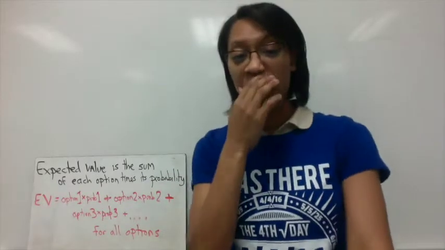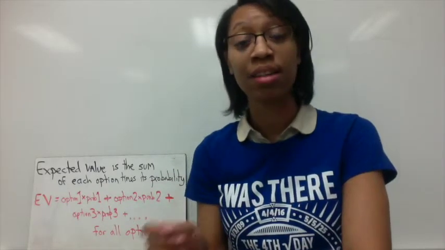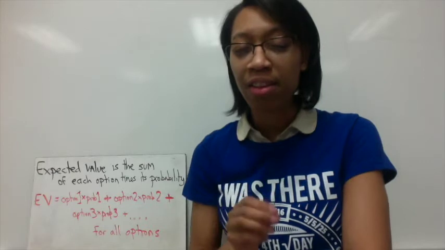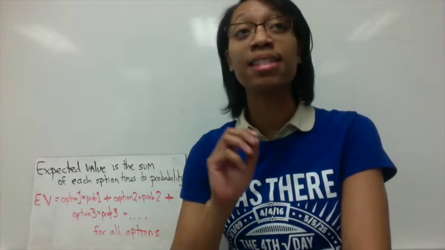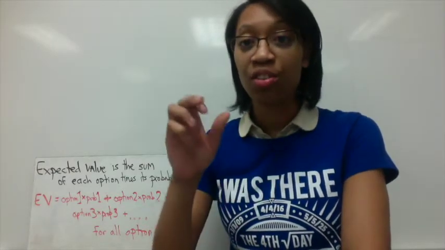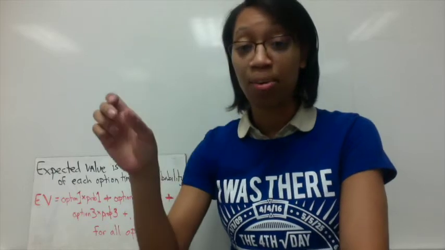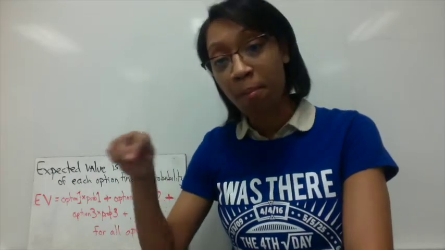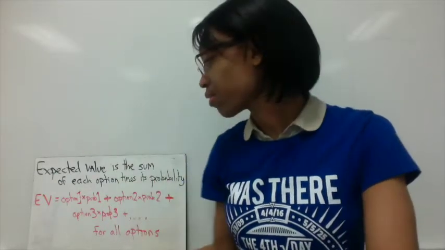So what is it as far as a formula? To find the expected value, it is the sum of each option times the probability that each option happens.